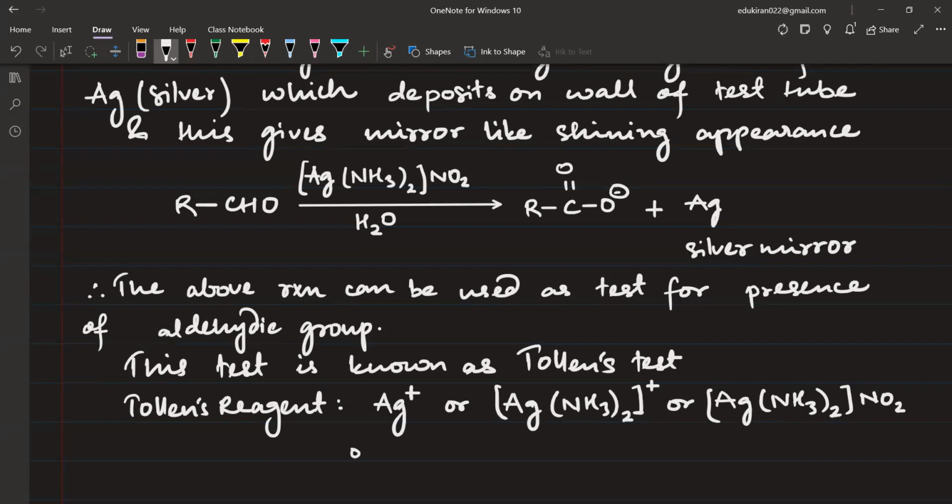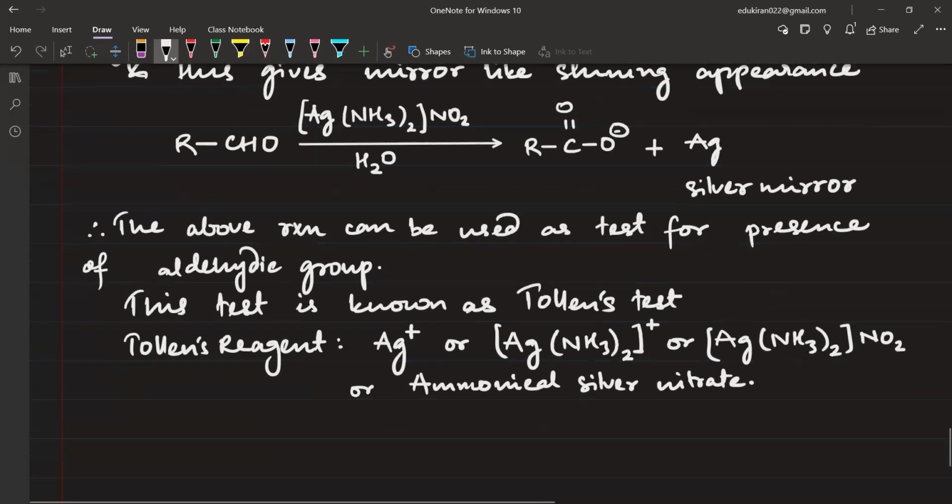Or they will give you the name ammoniacal silver nitrate. Ammoniacal silver nitrate. All of you understood this? Yes or no? Please tell me. Yes, sir. Fine.